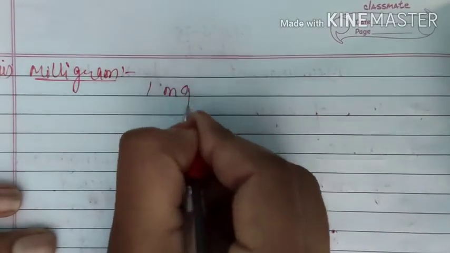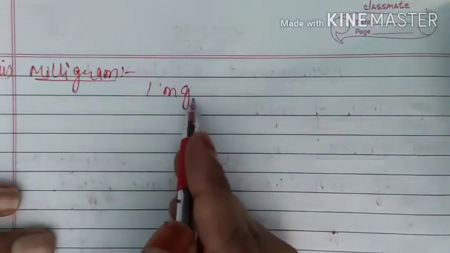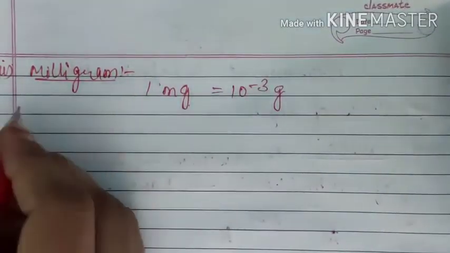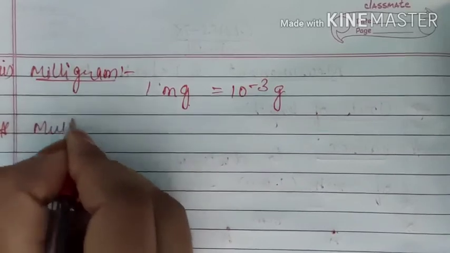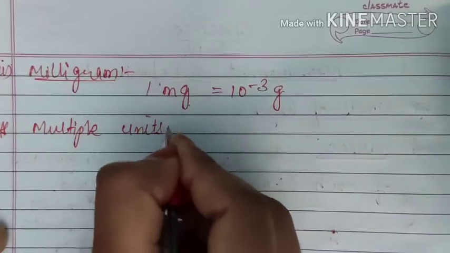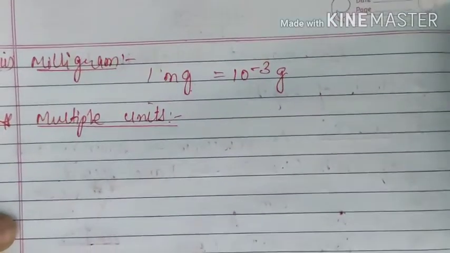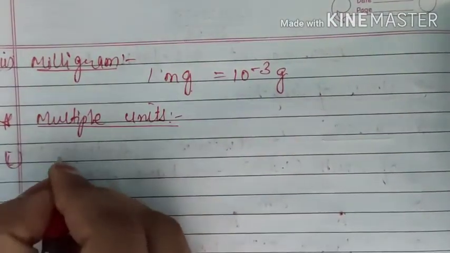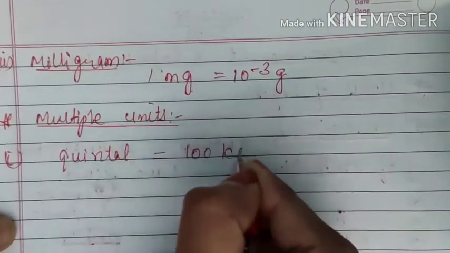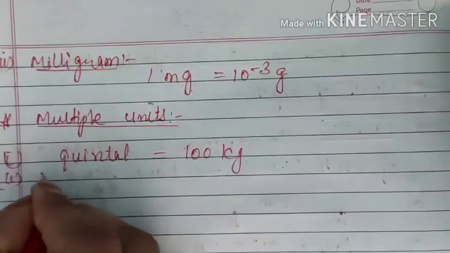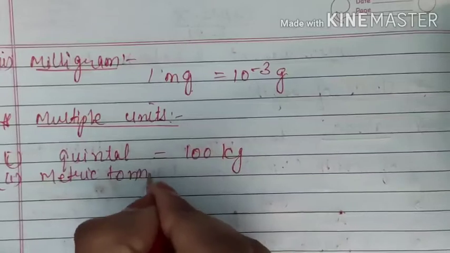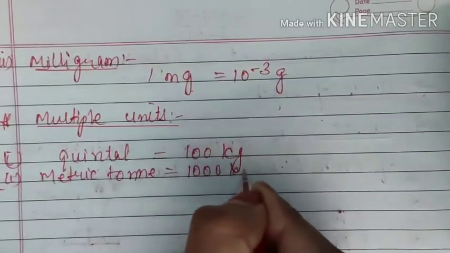Here we are talking about gram, so milli means 10 raised to power minus 3 gram. After that, some multiple units are given. Multiple means some larger units. The first one is quintal, which is equal to 100 kilograms, and the second one given is metric ton. This also we know, that is equal to 1000 kilogram.